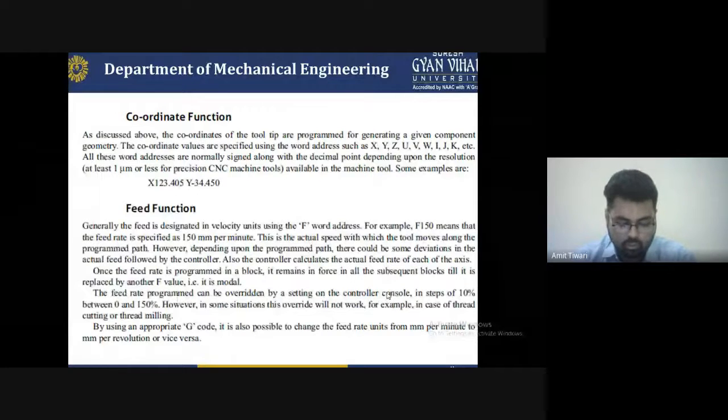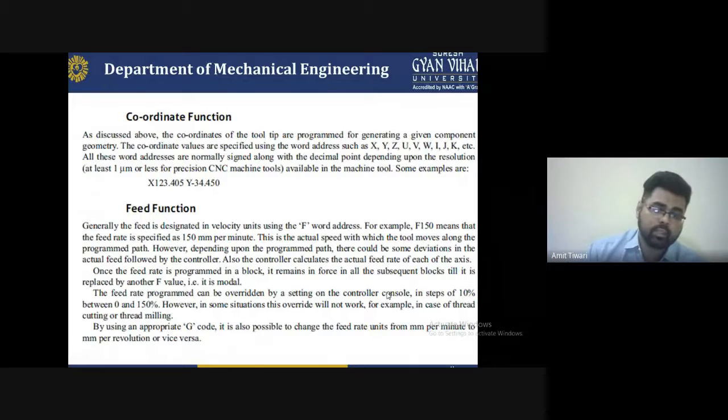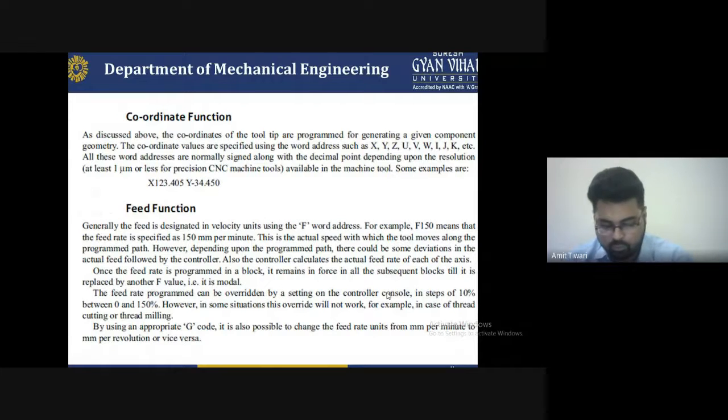It has to be understood that by using the appropriate G code, it is also possible to change the feed rate units from mm per minute to per revolution and vice versa. So these are the reasons for adopting the G code for this feature.